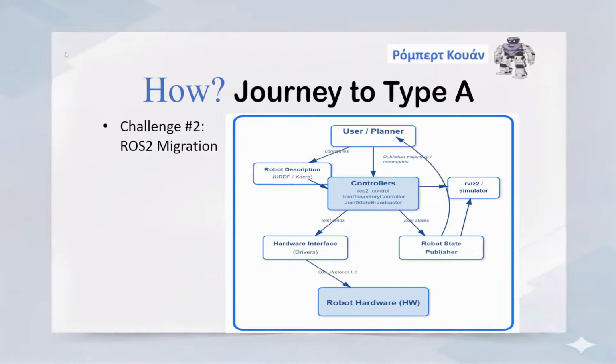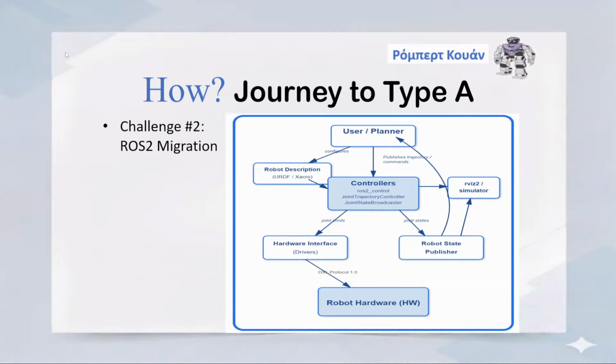Here is just a very high-level system diagram of what would be involved in my project. On the upper left-hand side, you see the robot description. They originally had a URDF that I had to clean up and modify to make sure it would work.